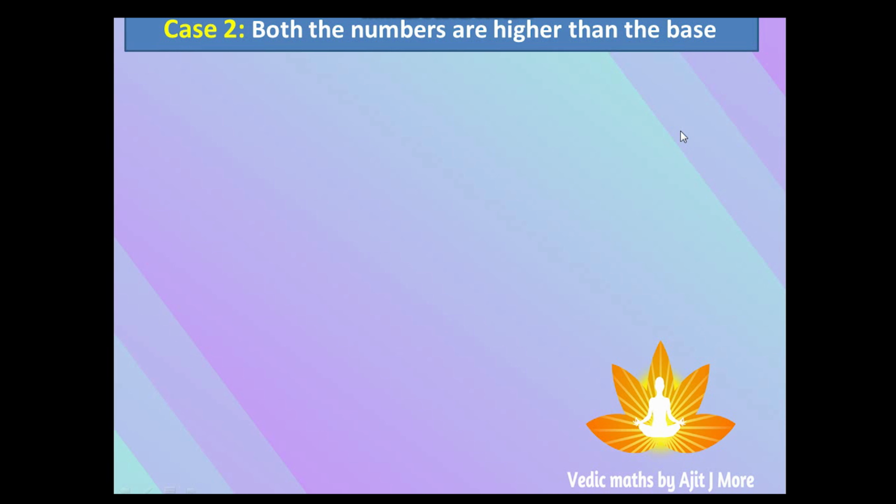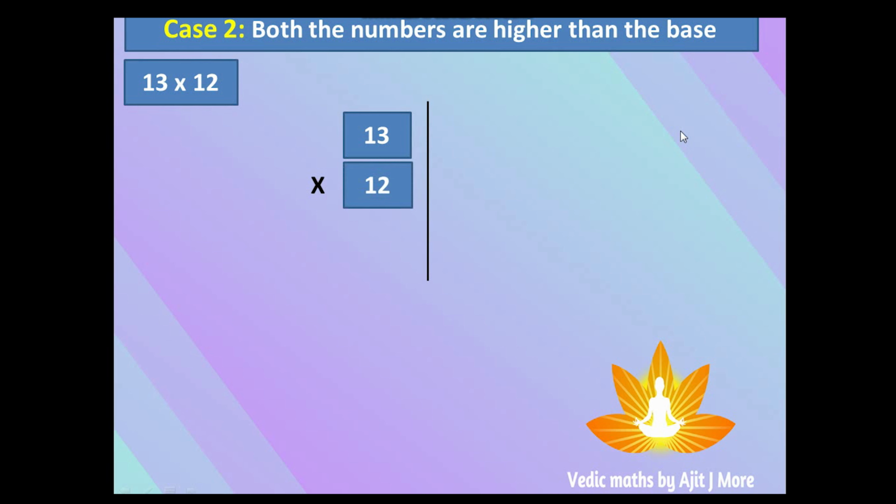Let's discuss one example, that is 13 into 12. Now our task is to multiply 13 with 12 using the Nikhilam rule. First step is to decide the base. Obviously, by seeing the example, we know that the base is 10.